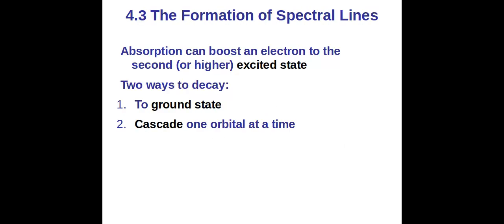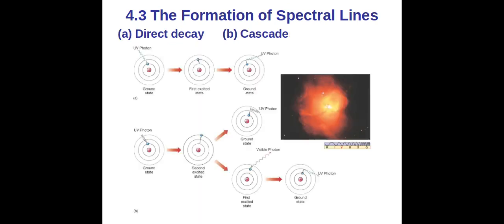So absorption can boost an electron to second or a higher state, and there are two ways to come back down. You can either go straight to ground state, or you can cascade down one orbital at a time.